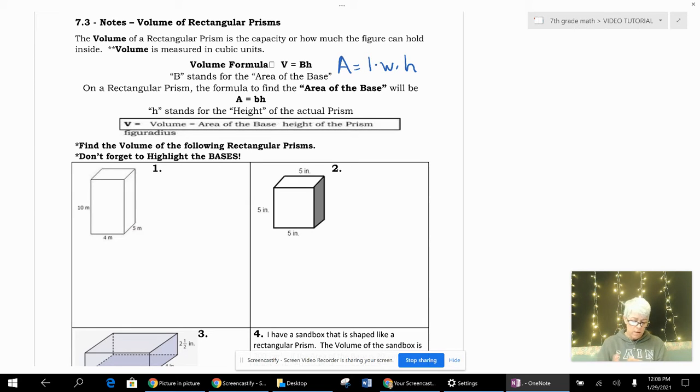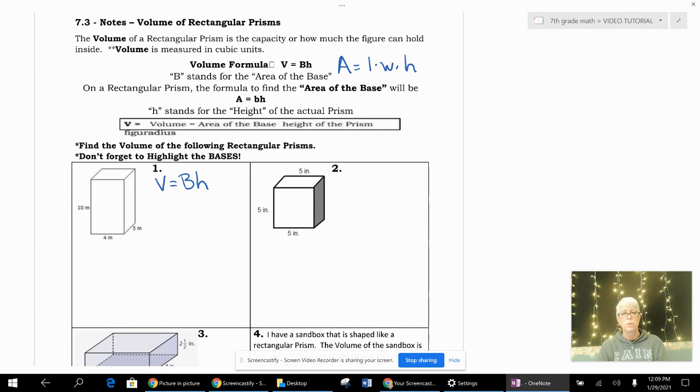So again, the formula is V equals a capital B times H. Back in the day on your formula chart, it used to say length times width times height. But the formula chart and the formulas have changed over the years. I don't necessarily care for the changes, because I always feel like we have to work backwards to the original formulas just for you to understand what's going on.